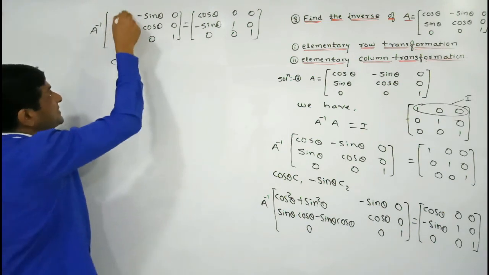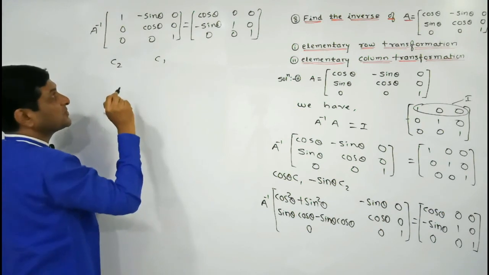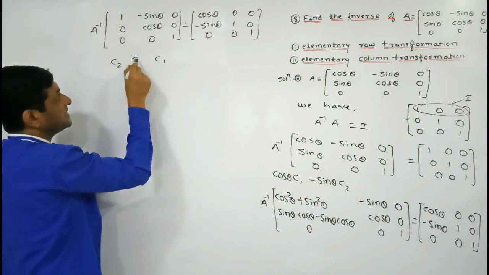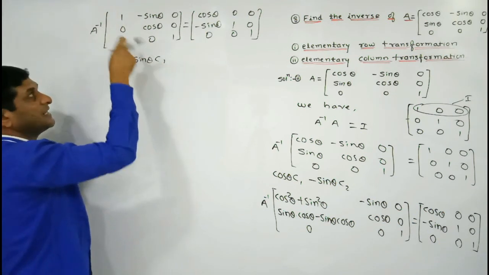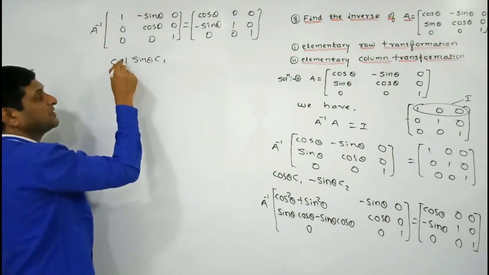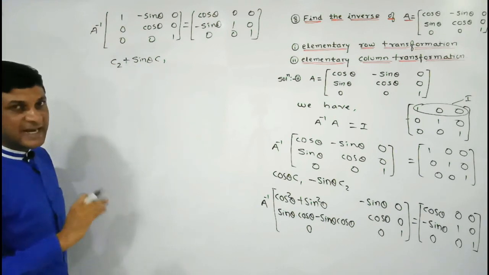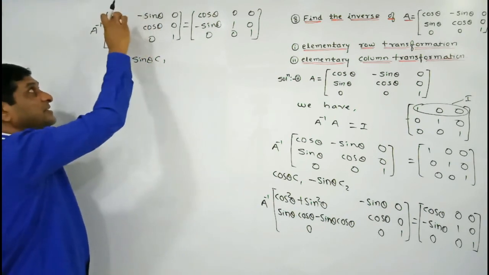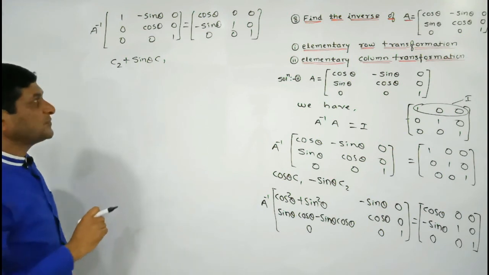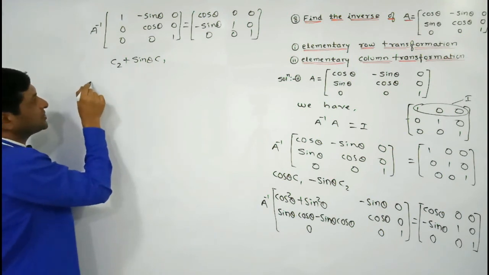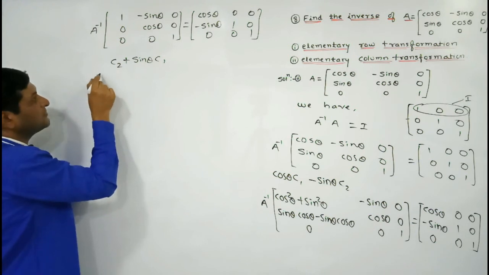So here we will use the corresponding element of C1, and if we multiply C1 by sin theta, then sin theta into 1 will be sin theta, and minus sin theta plus sin theta will become 0. So we have to take addition here, because minus sin theta is there and we will get plus sin theta. Let us perform this operation on the element of C2.